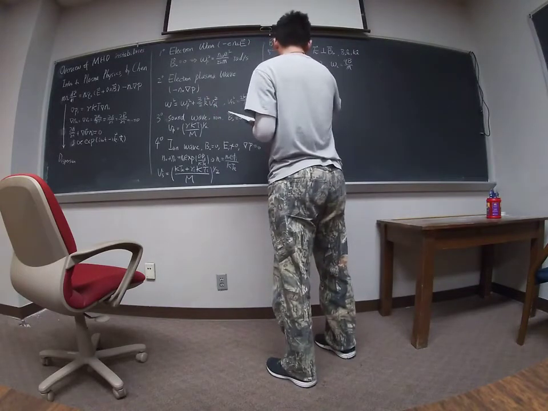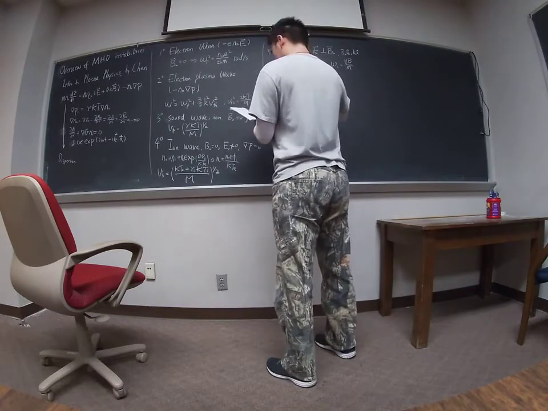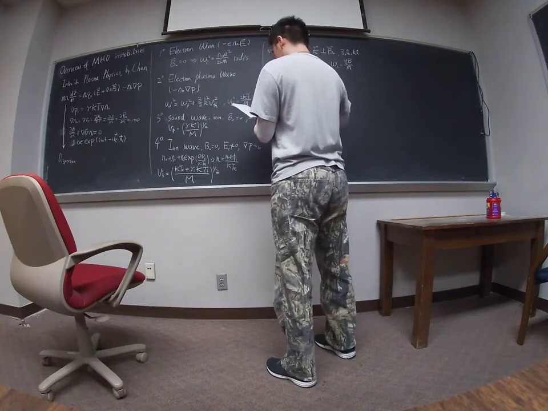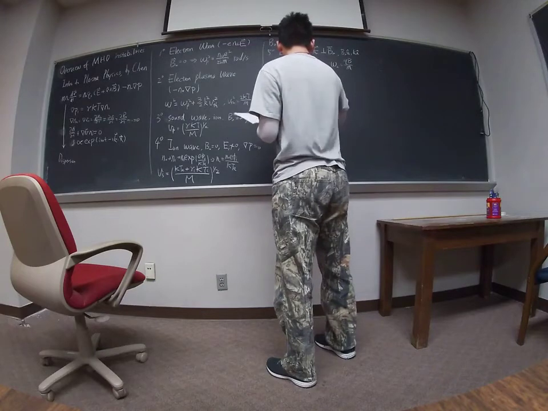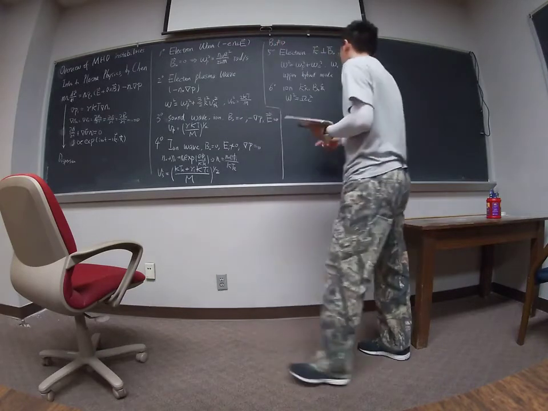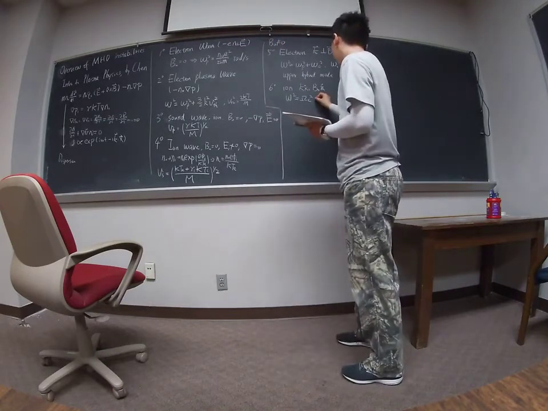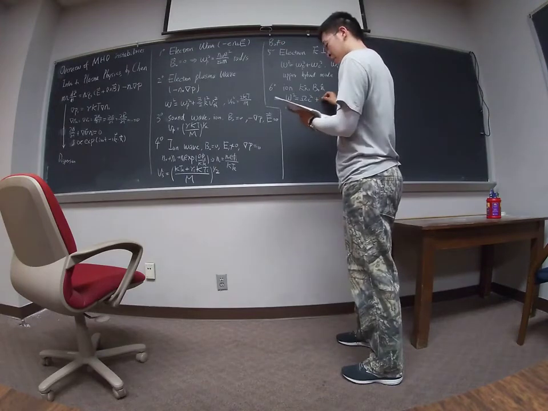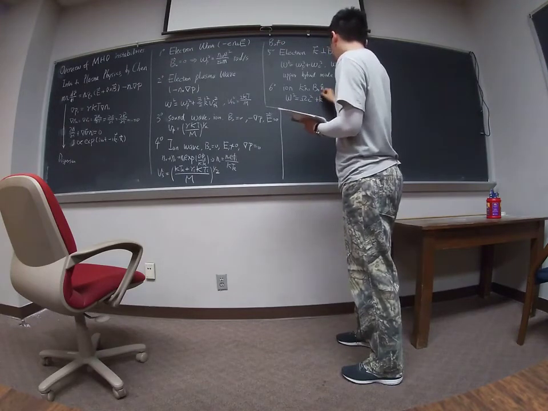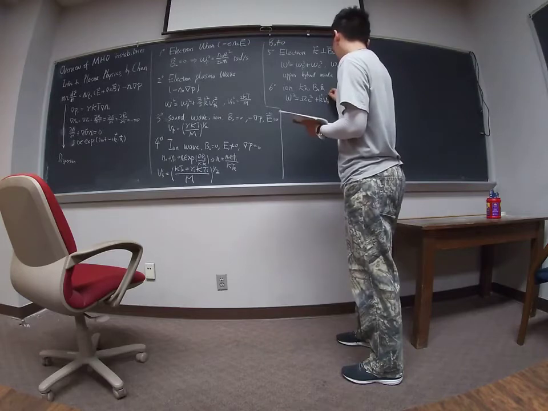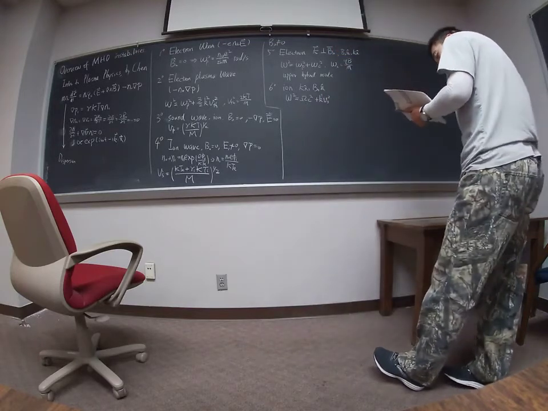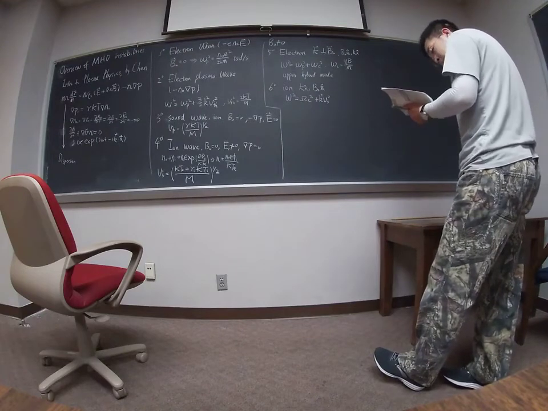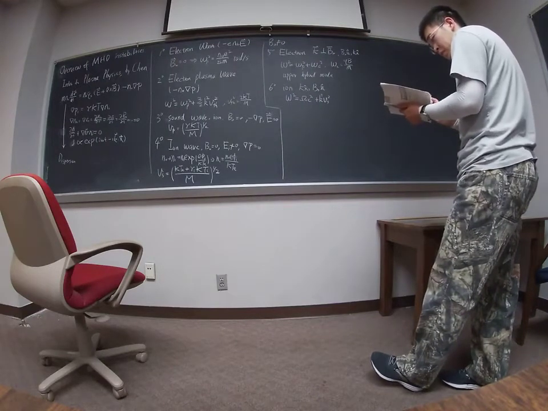So we have another kind of similar hybrid mode. Big omega c is the cyclotron frequency for ions, and k squared vs squared, that's the speed of sound in plasma.